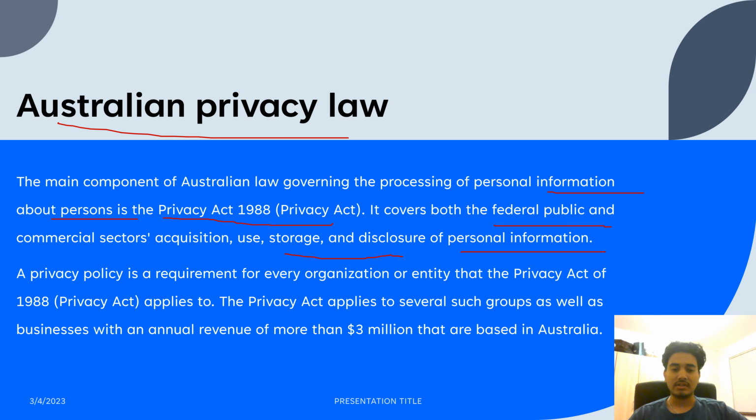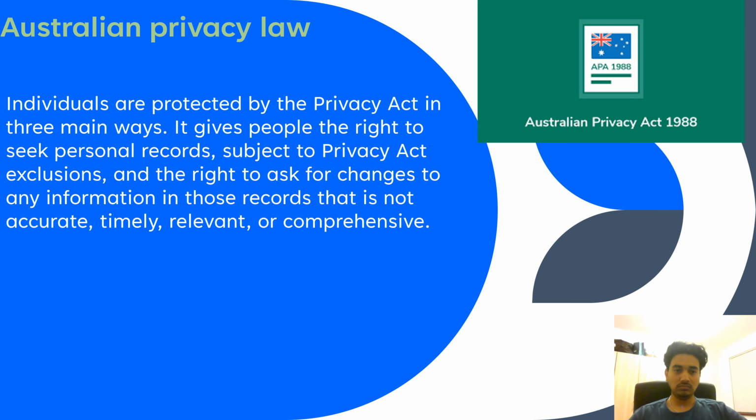A privacy policy is a requirement for every organization or entity that the Privacy Act 1988 applies to. The Privacy Act applies to several groups as well as businesses with an annual income over 3 million that are based in Australia.